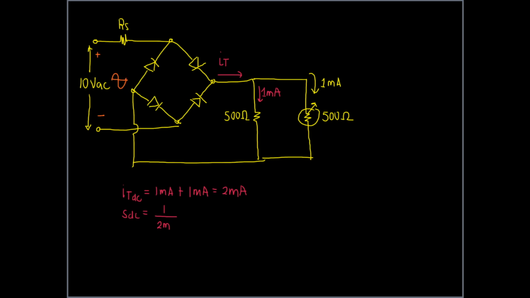Let me color the positive to be purple and the negative to be green. So if we're going to trace from the positive alternation, purple, we start at the positive terminal and it will approach this node and it will choose to pass through any of these two branches.